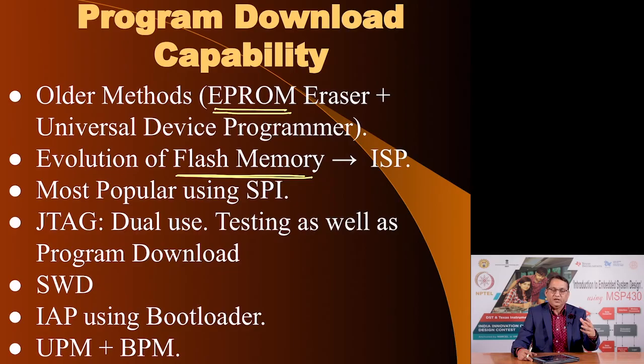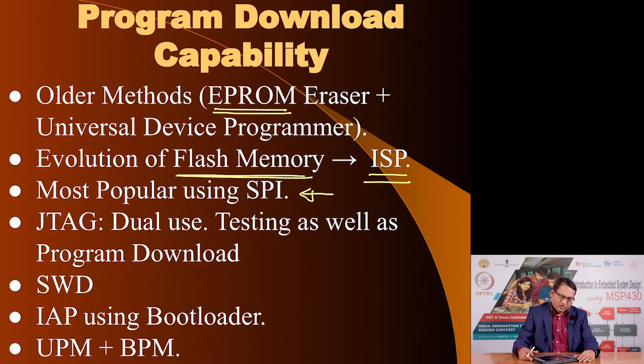Without having to take the microcontroller out of the system, you could program it using a feature called ISP, that is in-system programming. To offer in-system programming, some communication interface was required, and the most popular interface used is the SPI bus. We have seen that SPI is one of the communication protocols that is available on almost all varieties of microcontrollers, and so this was used to implement the ISP functionality.